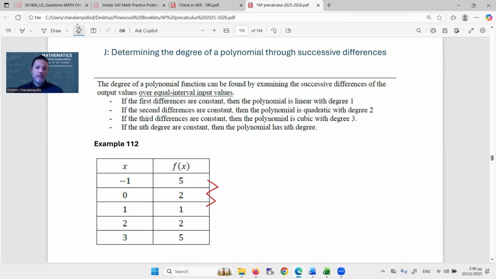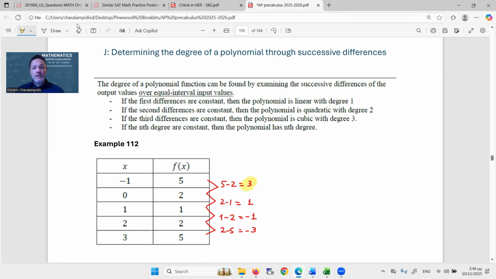Let me do them in a clearer way. 5 minus 2 is 3. Then 2 minus 1 is 1. Then 1 minus 2 is -1. And then 2 minus 5 is -3.